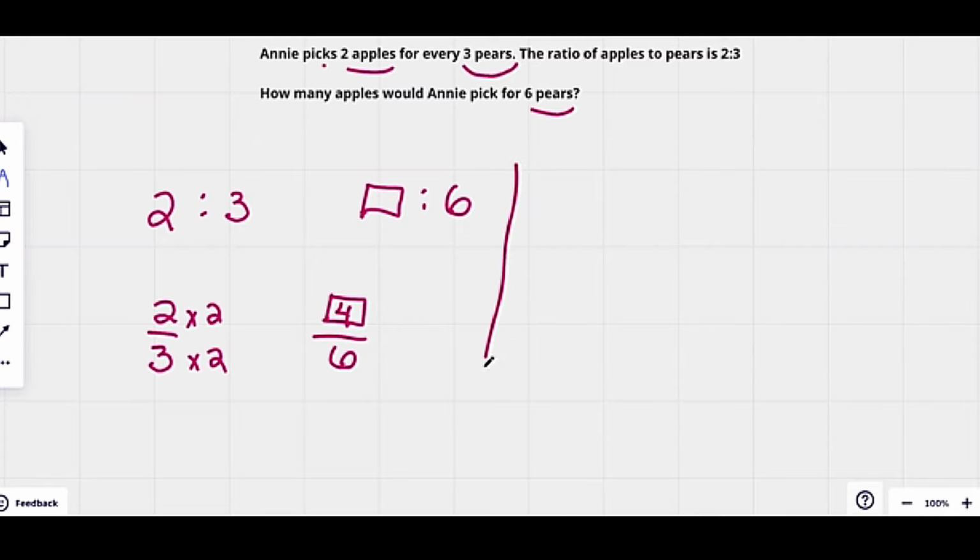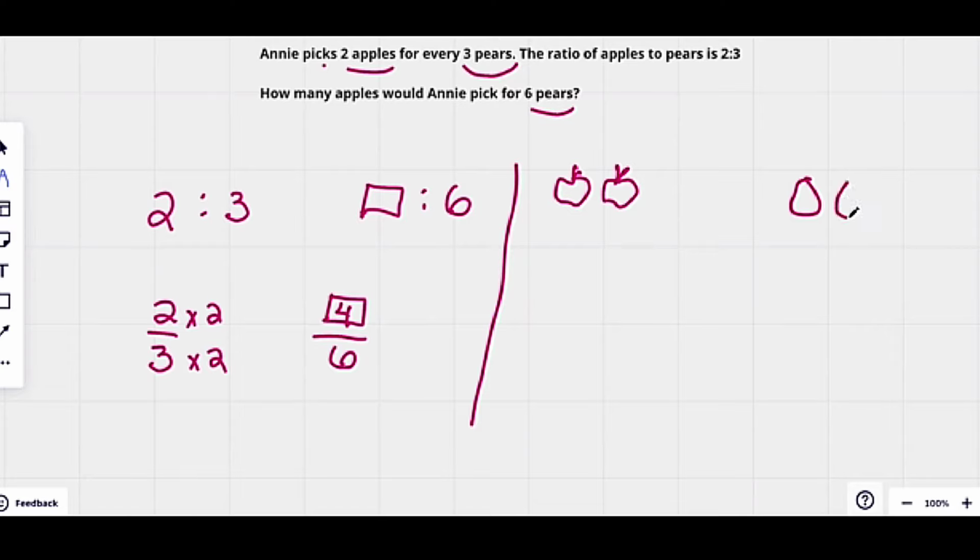Okay, we have a different way to do this, and it's that we can look at this visually. So imagine we've got, these are my apples. They're not the best apples. But for 2 apples that Annie gets, she's also going to have 3 pears.